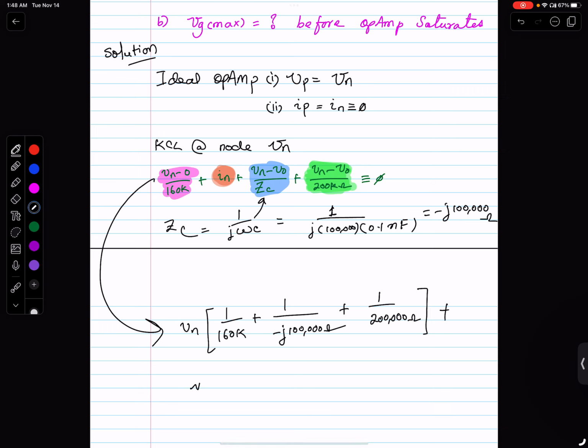Plus, factor out V0: V0 is factored out 1 over negative J 100,000, minus, we still have to account for this, minus 1 over 200,000 ohms. All of that equals 0.